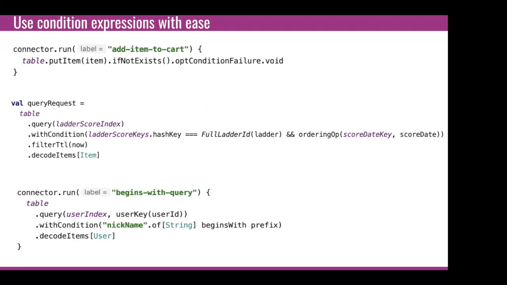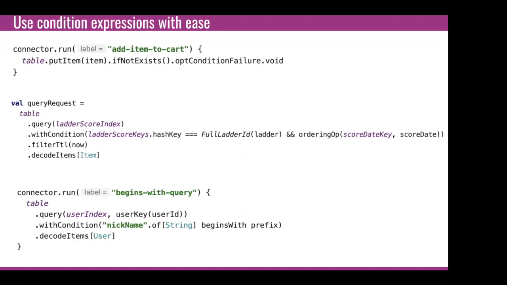In turn, op conditional failure returns some value when the condition is not met, and it returns none for other errors. In the next two queries, we have an example of begin with predicator and simple Boolean functions like and, equal to, to build the condition.